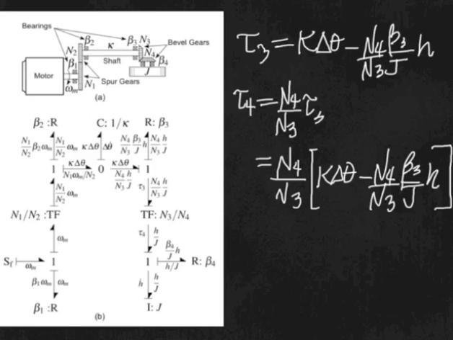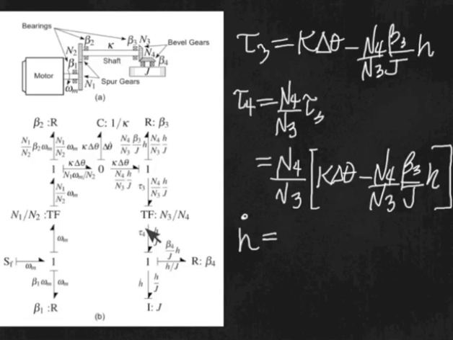To find then h dot comes from the summation at the bottom right one junction. We have h dot is equal to, note that torque 4 is an input effort and beta 4 over j times h is also an input effort.